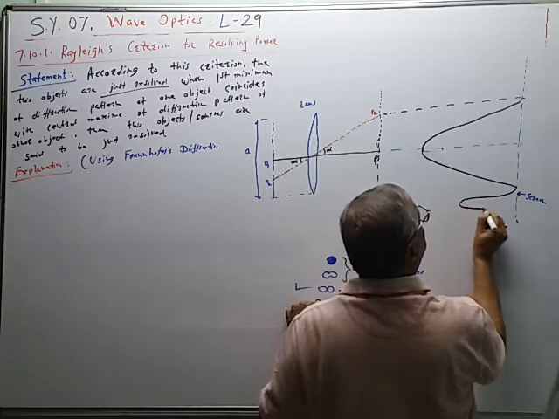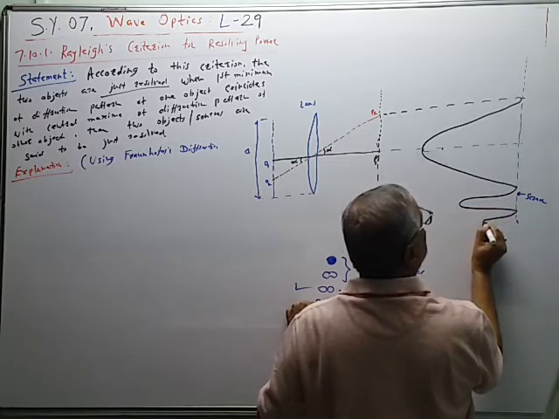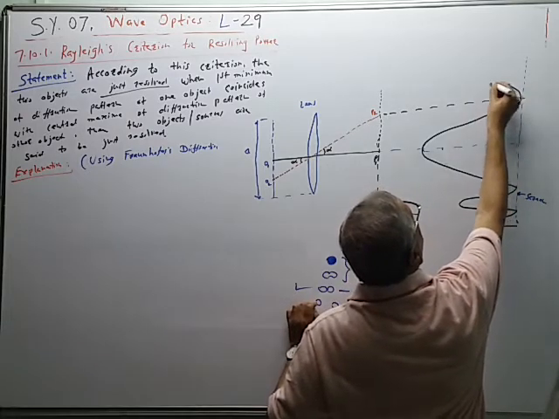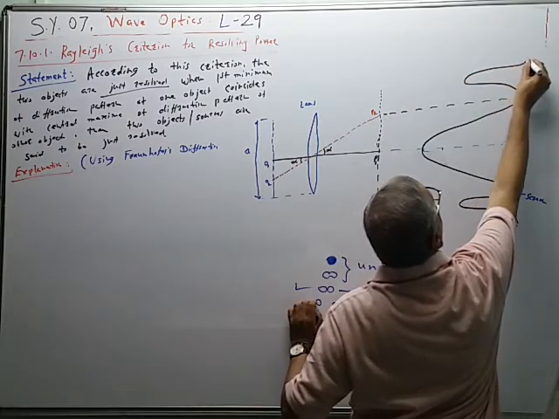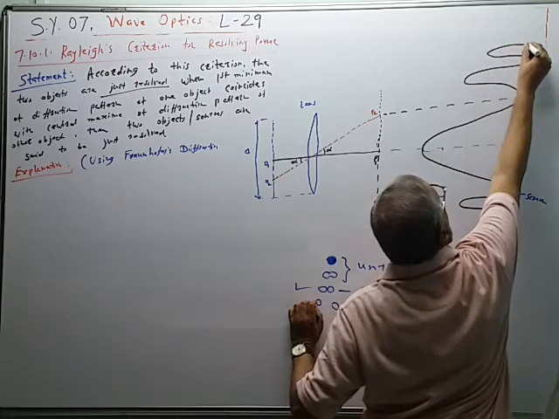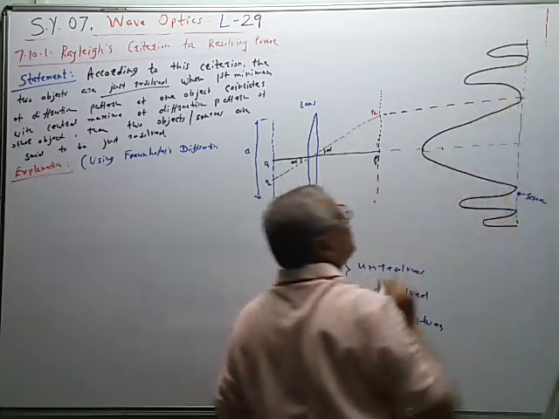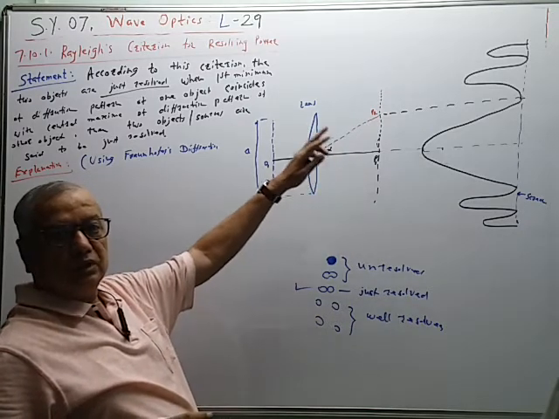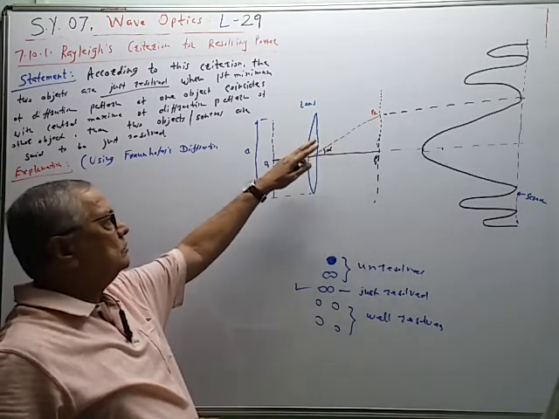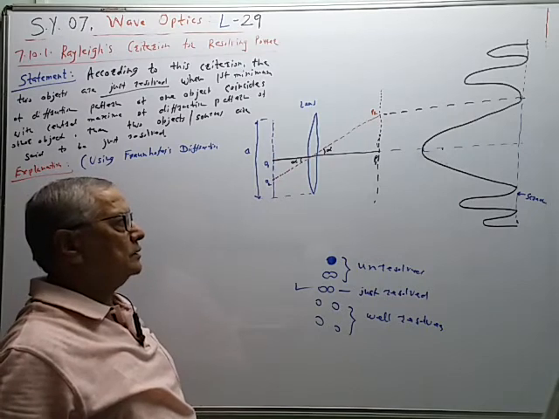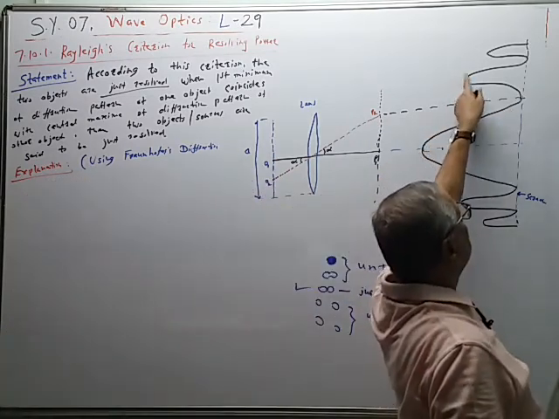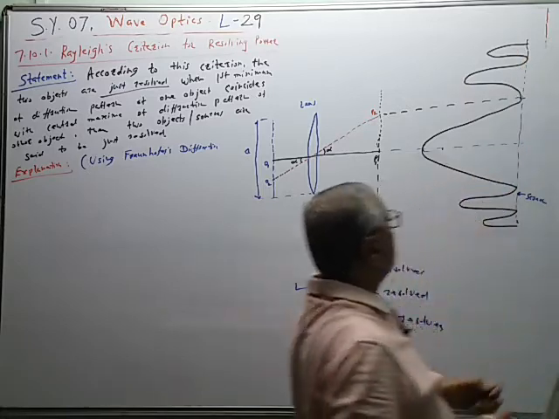This is the first secondary maximum, like this. So this is the intensity distribution pattern of the first object. This is the central maximum, first minima, first secondary maximum, second minima.